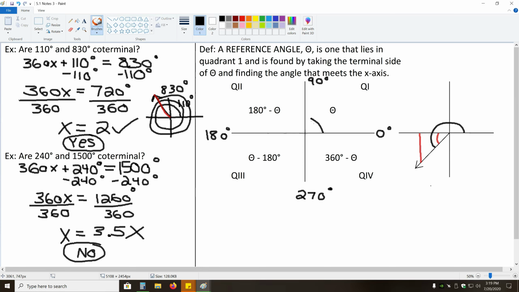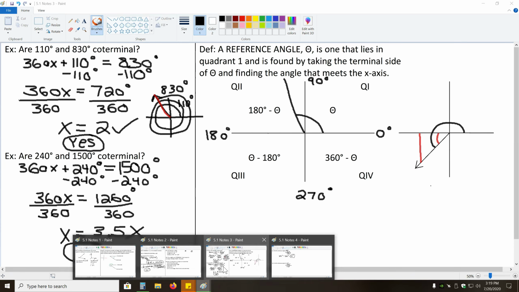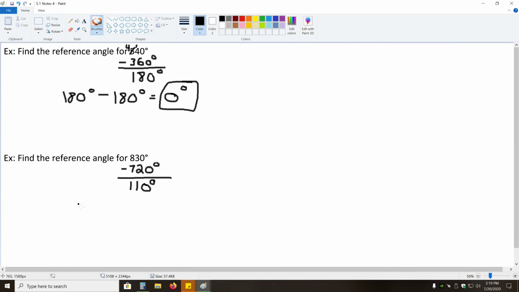If we were to draw it out, it would look something like this. So since we're in quadrant 2, we use our formula 180 minus theta. So we have 180 degrees minus 110 degrees, which leaves us with 70 degrees. 70 degrees is the reference angle for 830 degrees.